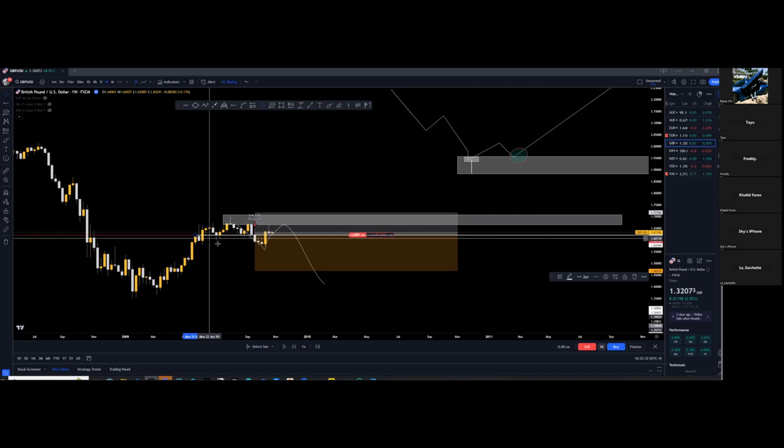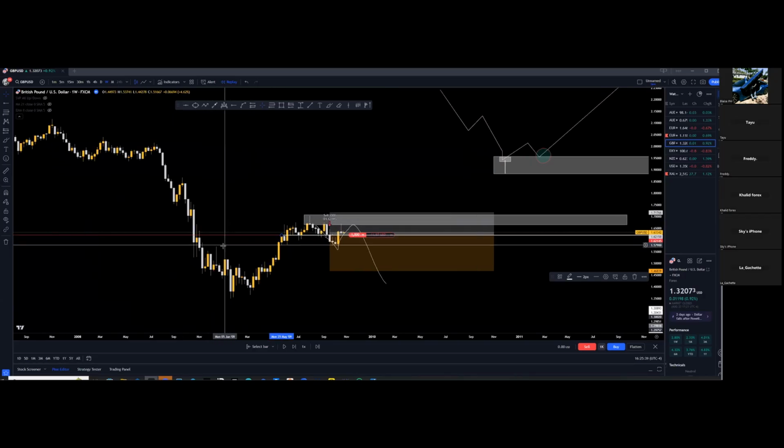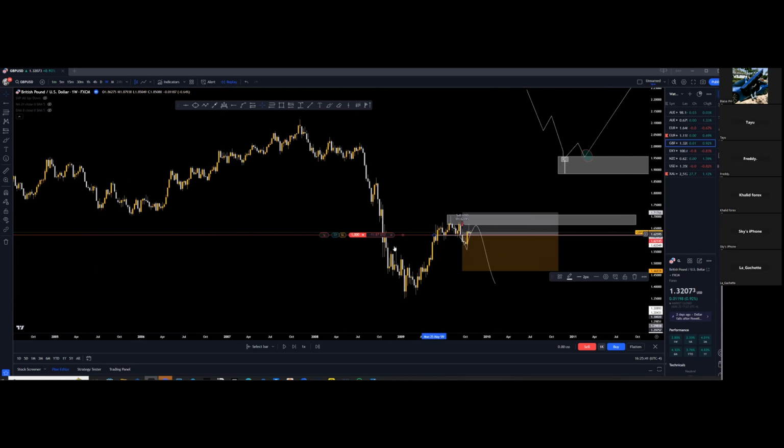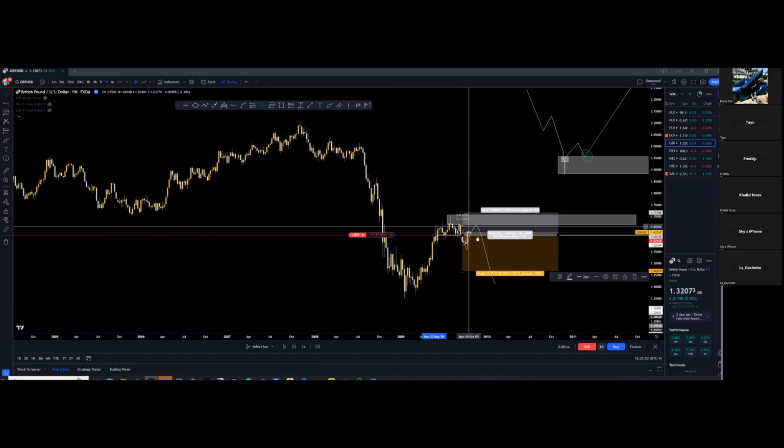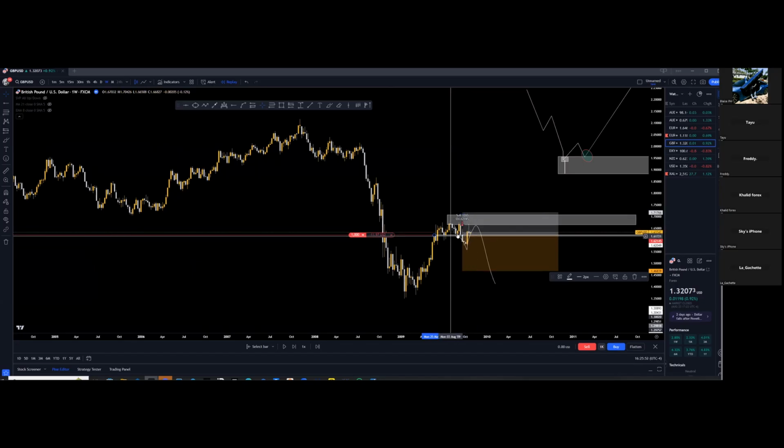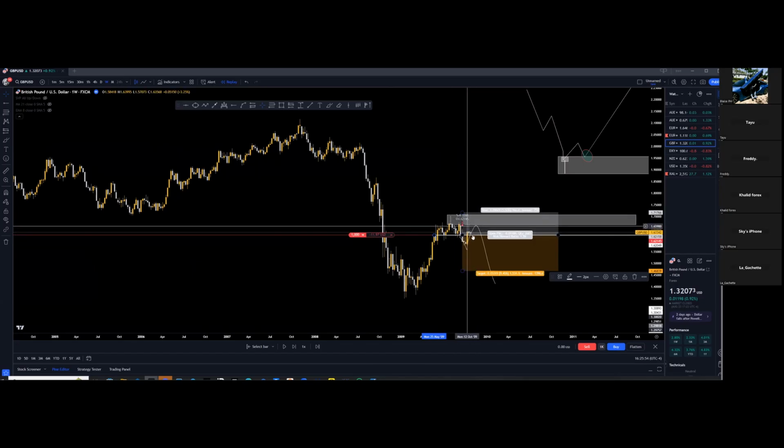When price did that, price has now switched market structure entirely. Price was pushing up, giving higher highs and higher lows. Now it has switched structure, gotten back into that zone, reacted off that zone, and has potentially created a new lower high.